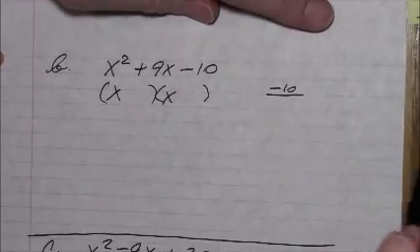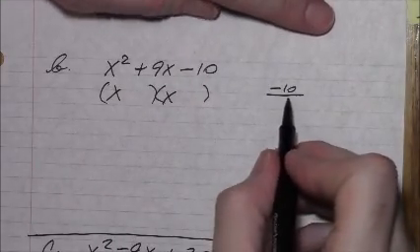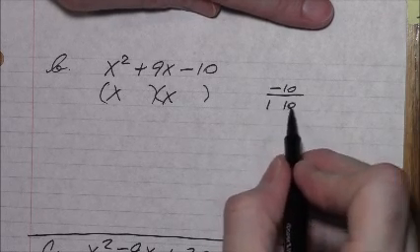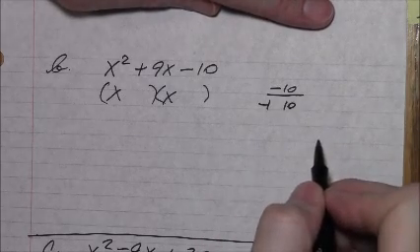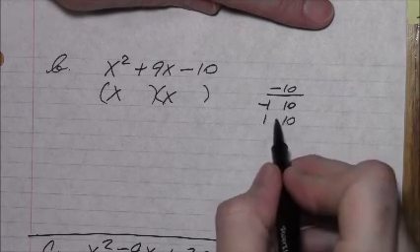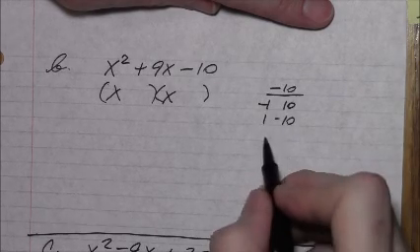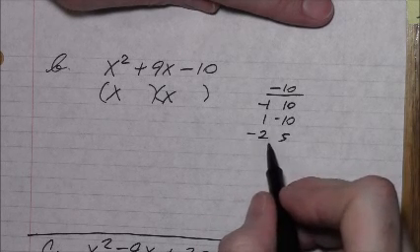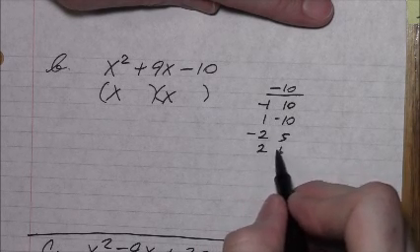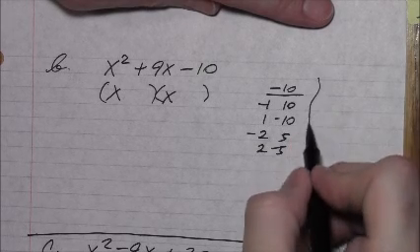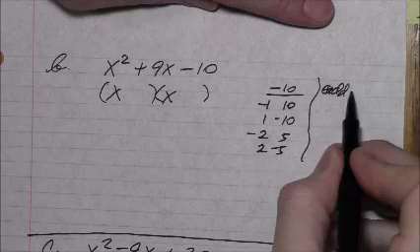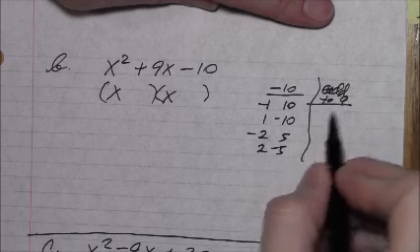And now we're going to find all of the things that multiply to make negative 10. Well, one of them, of course, is 1 and 10 if one of the things is negative, and then 1 and 10 if the other one is negative. Then we can do 2 and 5, but one of them has to be negative. Now what I'm going to do is show a technique where we'll add to 9.